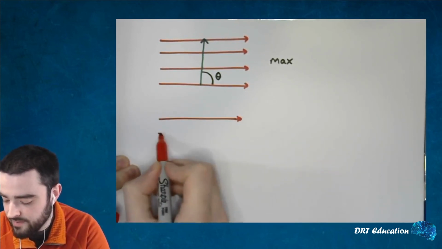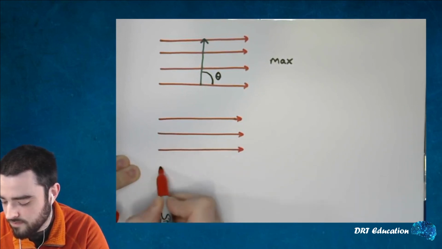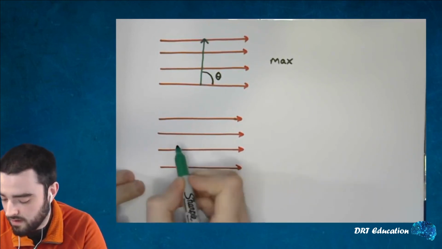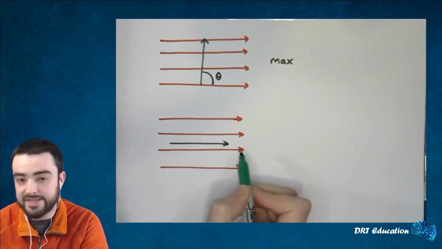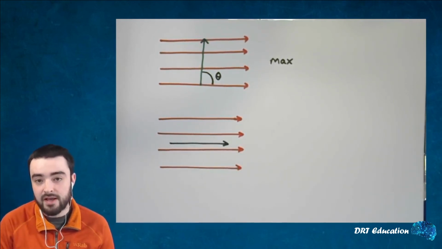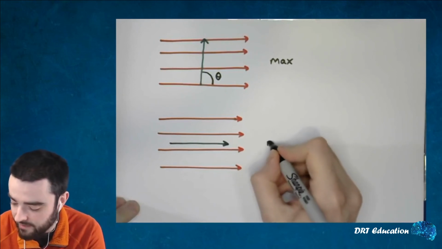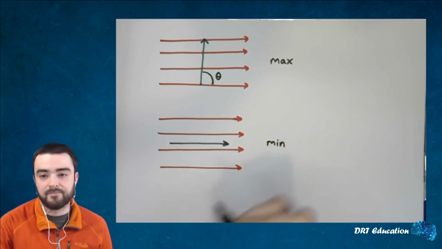We're going to find our minimum when it is in parallel, because at this point there is going to be no interaction between them. There is not going to be a force applied. So here we have our minimum.